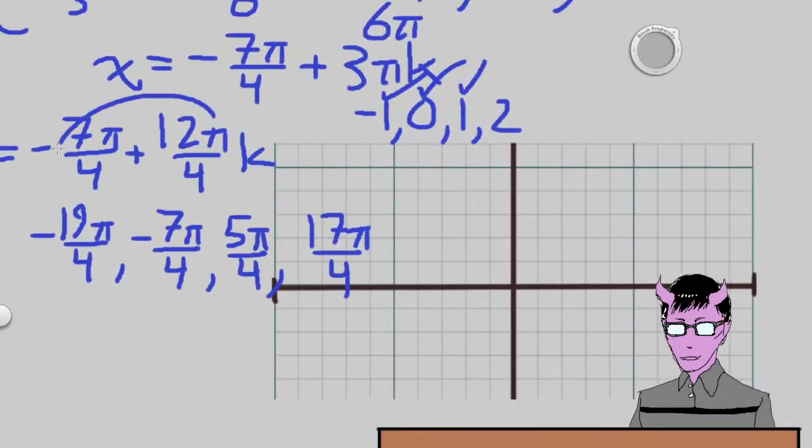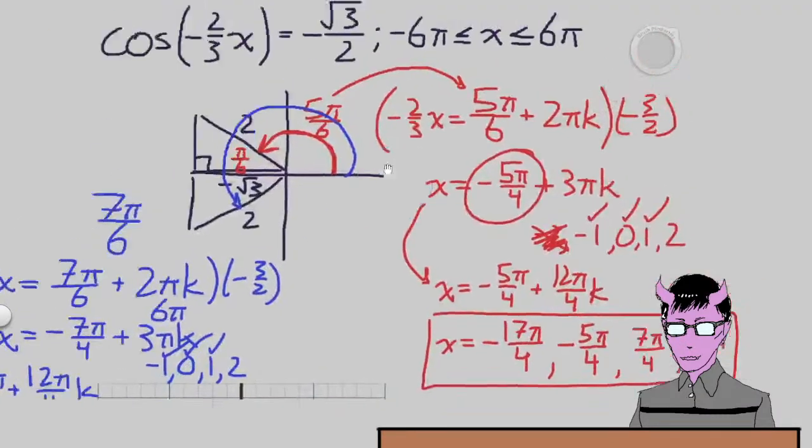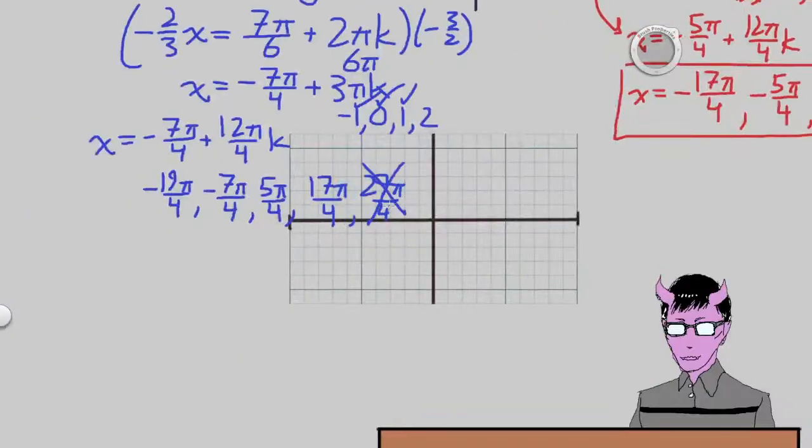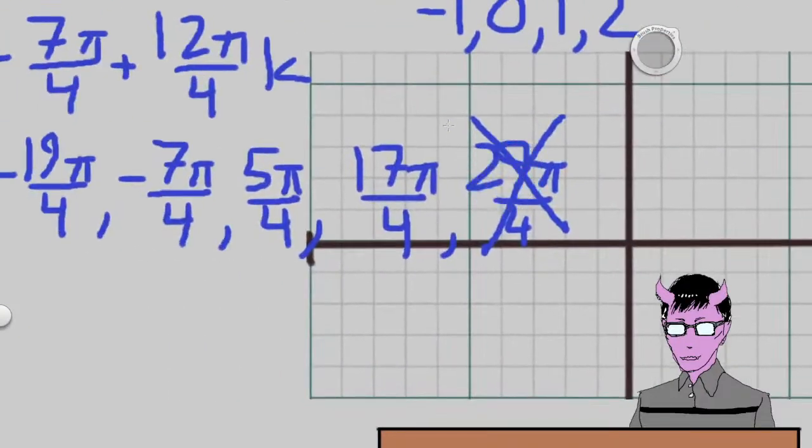Yeah, so that's actually a pretty good strategy as well. If you weren't considering domain restrictions right off the bat, you just take this 12, add it to this one, you get 29 pi over 4. And 29 divided by 4 is greater than 6, which means it's past. So you could just stop, cross that answer out.